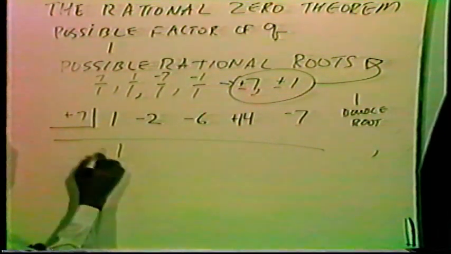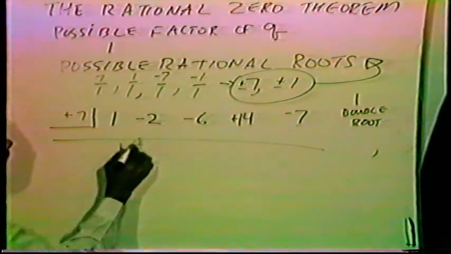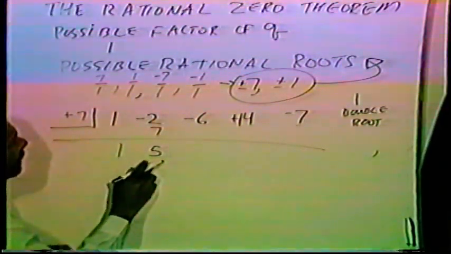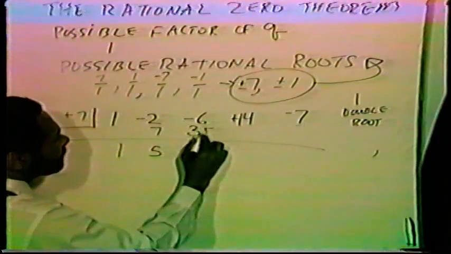We bring down the 1. Positive 7 times 1 is positive 7. That gives us a positive 5. 7 times 5 is 35.